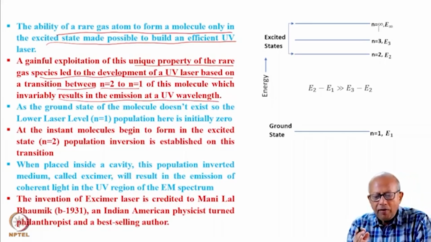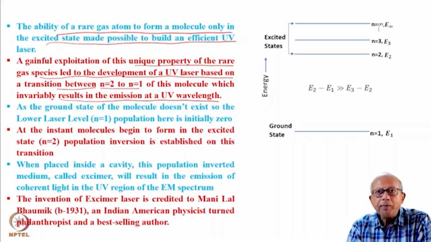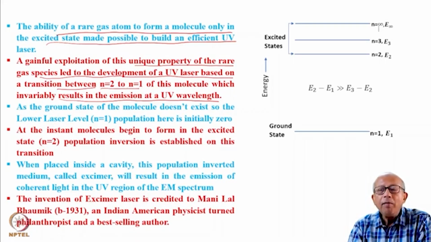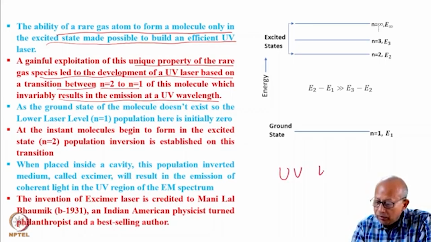I think I will end here today, and next class I shall explain the underlying physics of operation of the excimer laser and show how the excimer laser actually helped realize the emission of coherent light at ultraviolet wavelength.